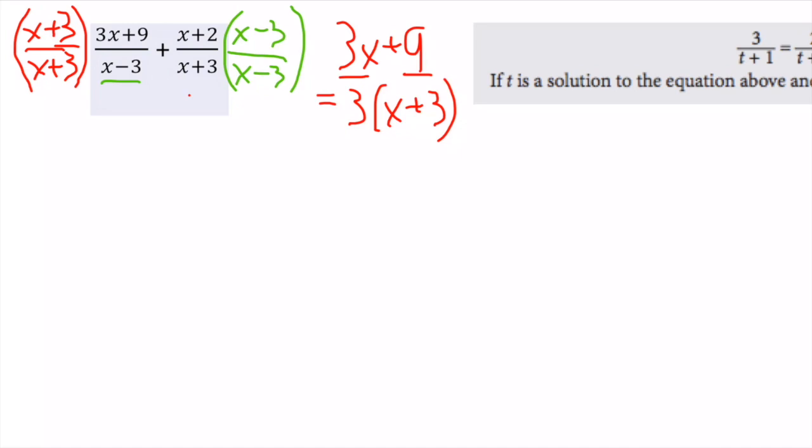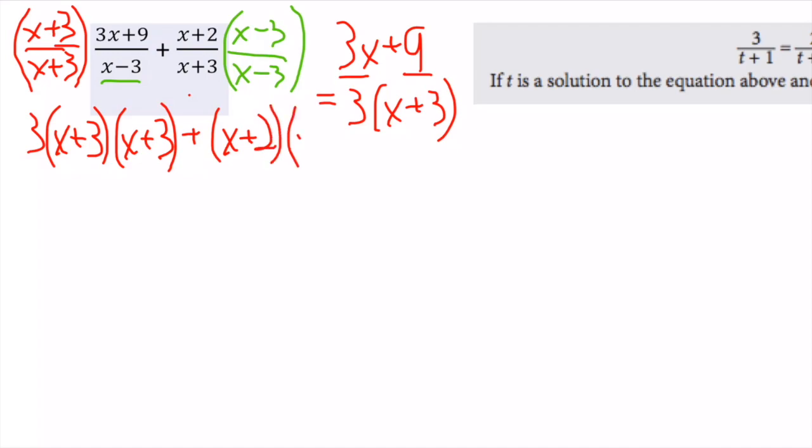Okay, so combining these two together, and then still on top I have an x plus 2, x minus 3. Okay. And I know now that my common denominator is x minus 3, x plus 3.